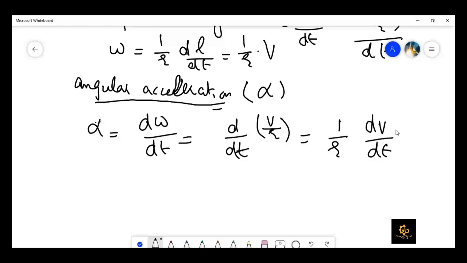So we can say that at is equal to r alpha, and alpha is the angular acceleration. So these are the two relations which we need to know, both angular acceleration and angular velocity, which I hope that we already know from our basic knowledge. So I hope that there is no difficulty here.